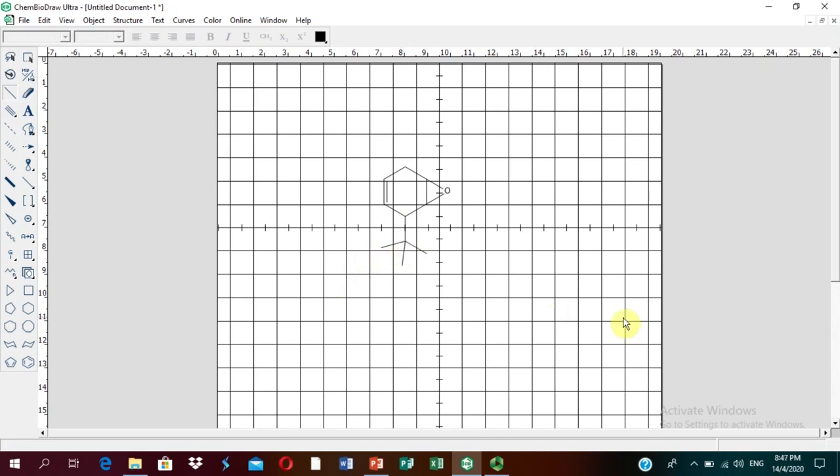Okay, is it meso compound? So the first characteristic, you have one chiral carbon, second, and then third chiral carbon.